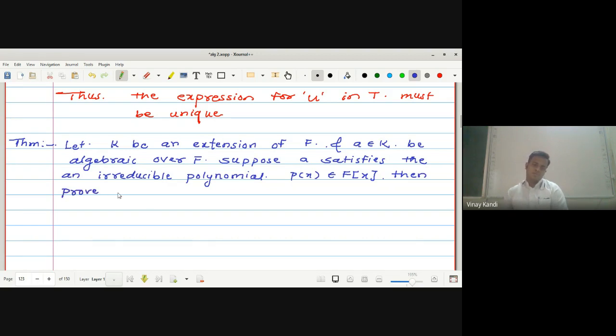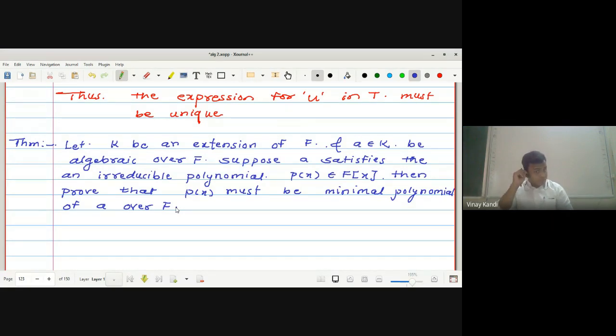Then prove that P of x must be the minimal polynomial of A over F. Okay, so this is the statement.